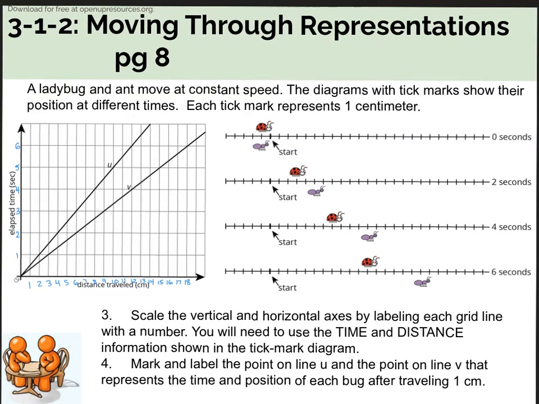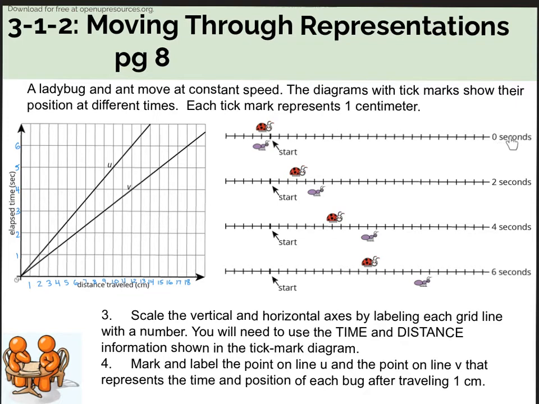All right, as you can see, I labeled my graph, and on the bottom it says distance traveled. Distance traveled are all these little tick marks here. And if you look at the vertical axis, it says time.